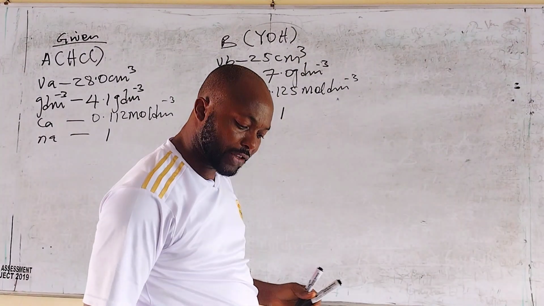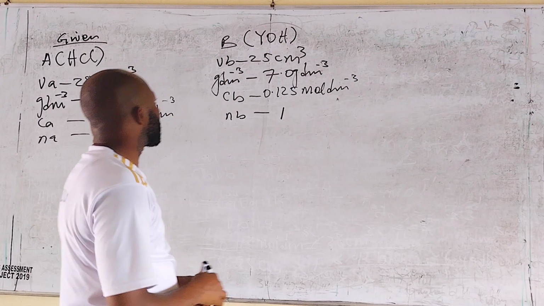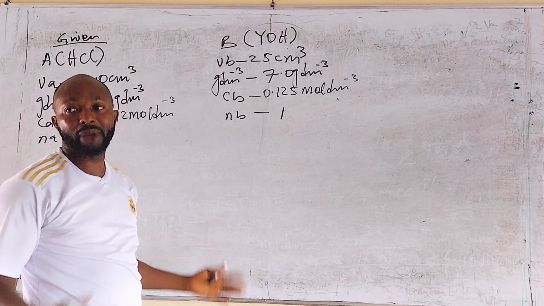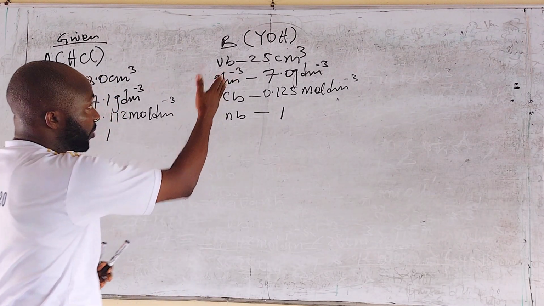Next is the relative atomic mass of the element Y. For us to get the relative atomic mass of Y, remember we must get the relative molecular mass of the compound.